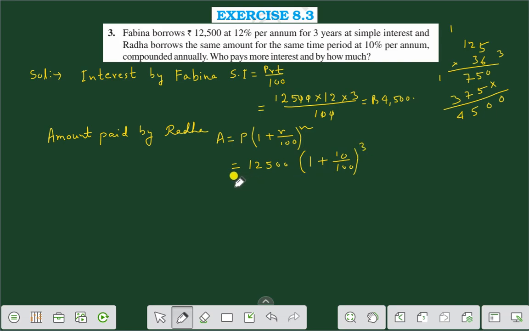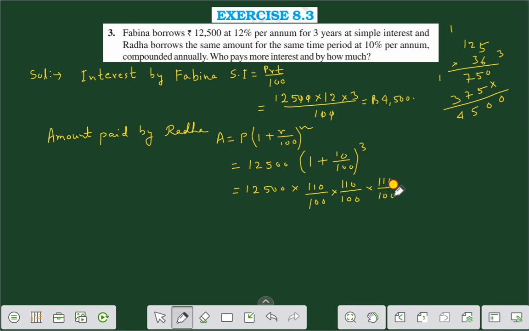Therefore, we are getting 12,500 into, we add these, LCM is 100, 100 plus 10, that is 110 by 100 to the power 3, that is 110 by 100 into 110 by 100 into 110 by 100.